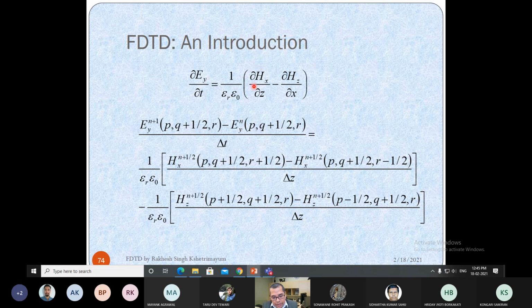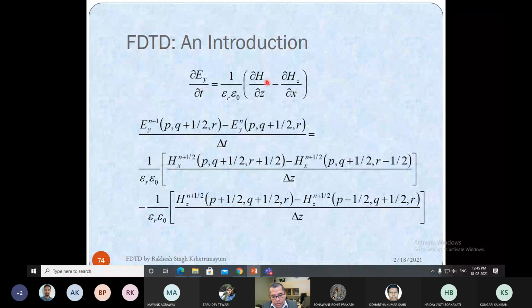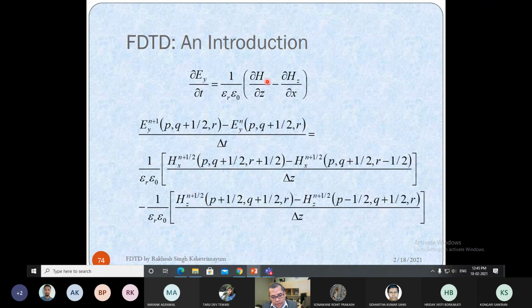On the right hand side, del Hx by del z is a magnetic field. It's at the center of the face of the cube in the yz plane, so y and z will be half integer grids and x will be integer grids. So p, q plus half, r plus half, partial derivative with respect to z, so p, q plus half, r minus half.